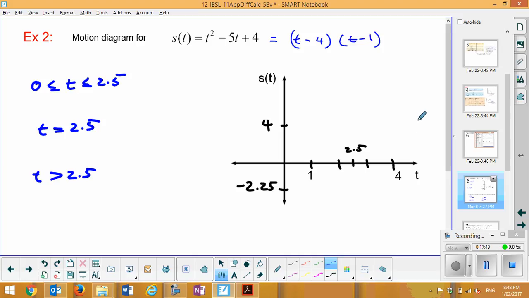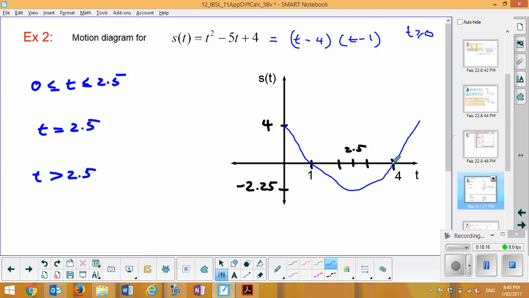So if I can draw this carefully, we want to come down through here. We're going to touch down there. This is sort of looking reasonable. Okay, and we're going to stop here. We always want t greater than or equal to 0. So what happens between 0 and 2.5? So basically I've worked out that this is 1, that's 4.